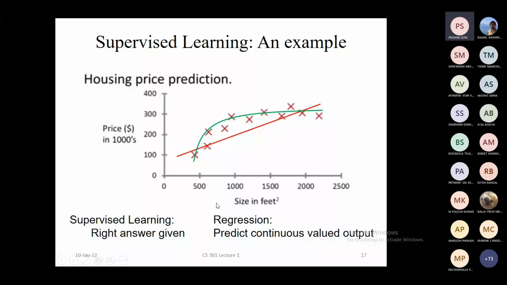This kind of thing is called curve fitting, a very trivial concept from 10+2 or engineering mathematics. It is called linear regression if it is linear in nature; otherwise it is non-linear curve fitting.